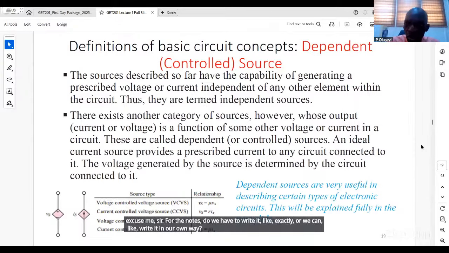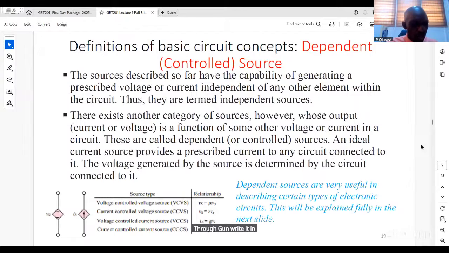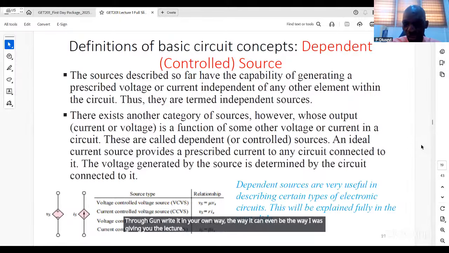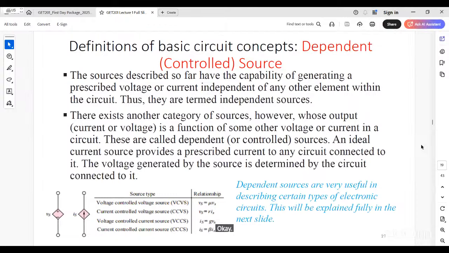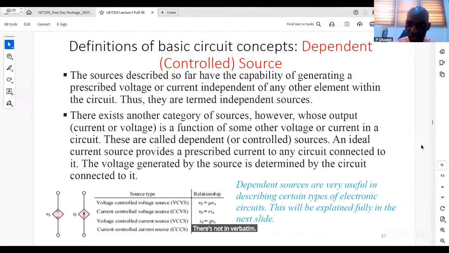You can write it in your own way. It can even be the way I was giving you the lecture, where you were taking your own notes and just looking at the slide to bring in some other things. I'm not asking you for verbatim notes. Once you understand what you are expected to do, I can prepare you for your exam, and you can use it as reference material in the future. That's all I am looking forward to.